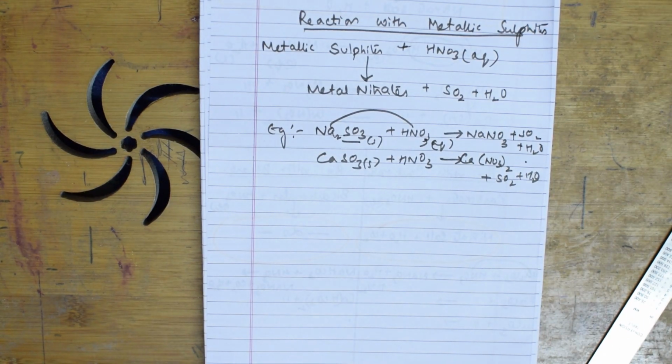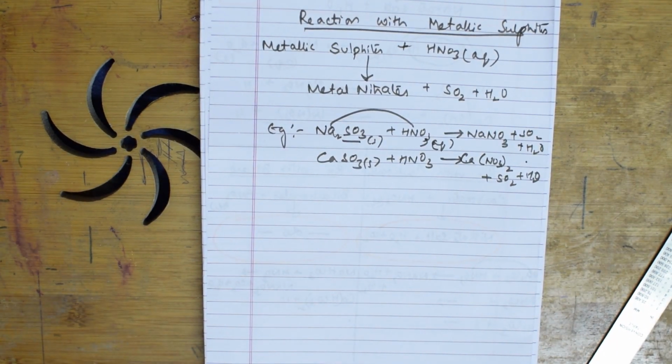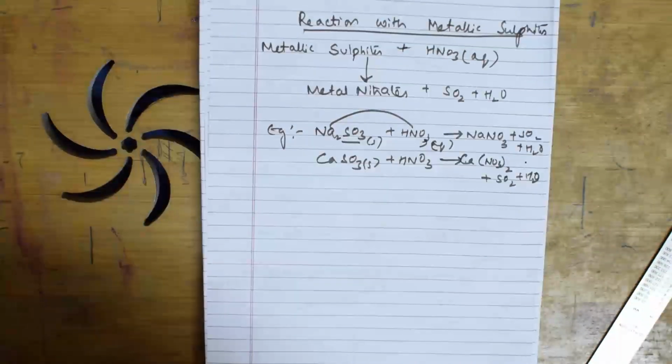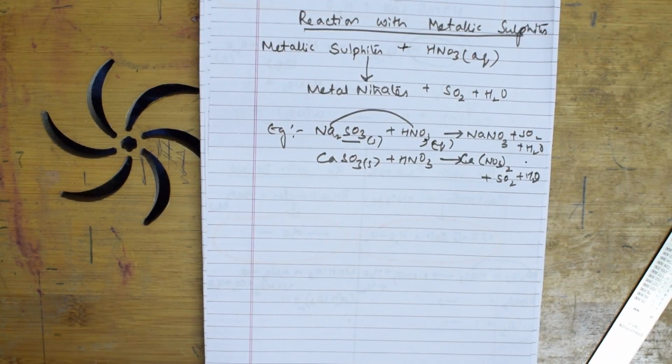Done, students? So what reactions did we see? We have seen reactions with dilute nitric acid. We have seen reactions with concentrated nitric acid of metals. Then we have seen reactions of carbonates with nitric acid. We have seen reactions of bicarbonates with nitric acid. We have seen reactions of metallic sulfates. Right? We have seen reactions with basic oxides.